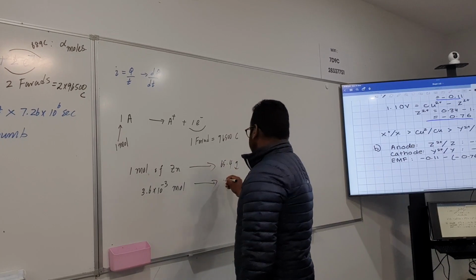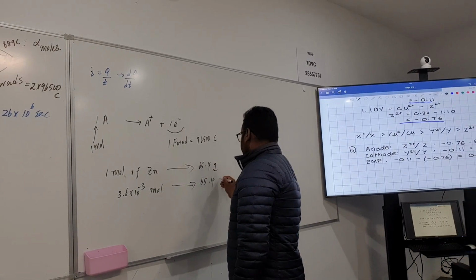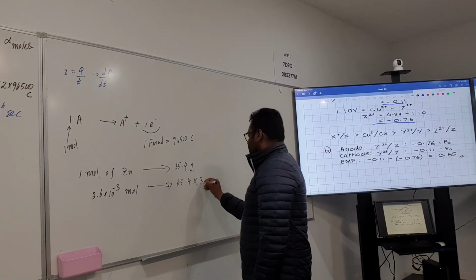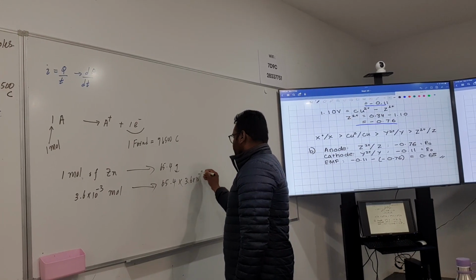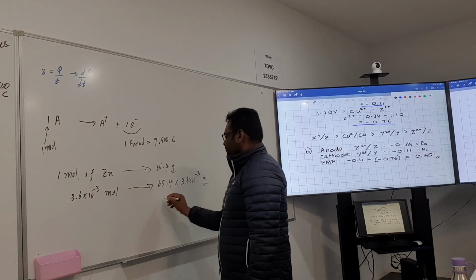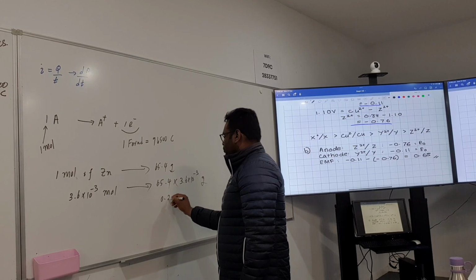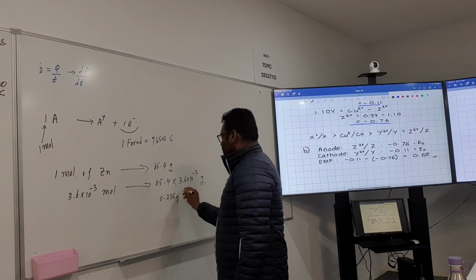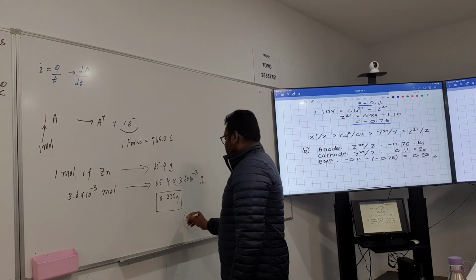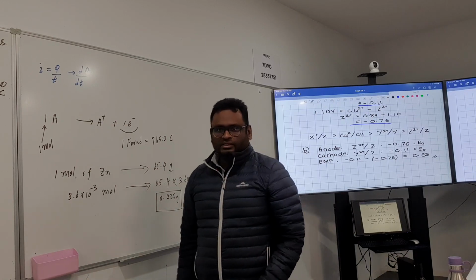So how many grams? 65.4 times 3.6 times 10 to the power minus 3. How much is the answer? 0.235. That's quite simple. That's the answer.